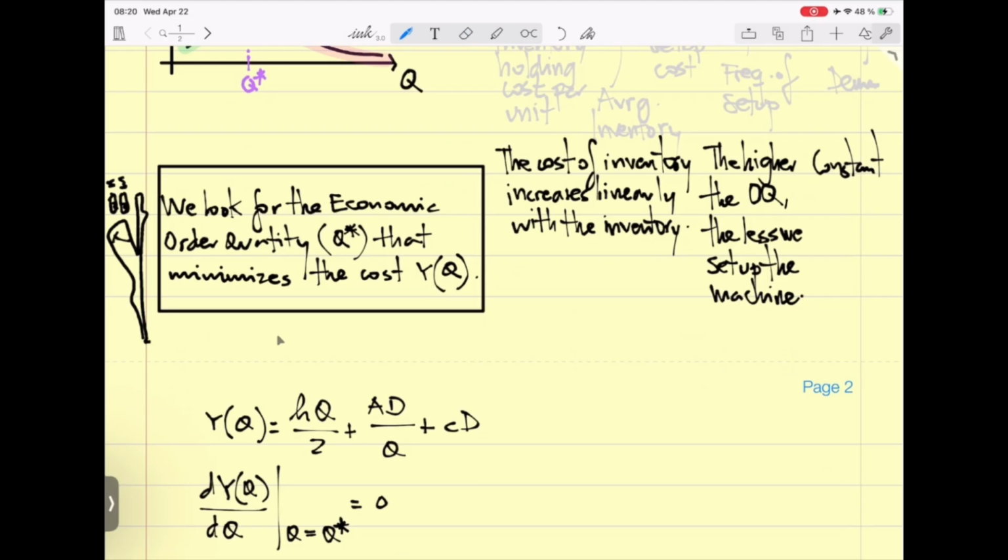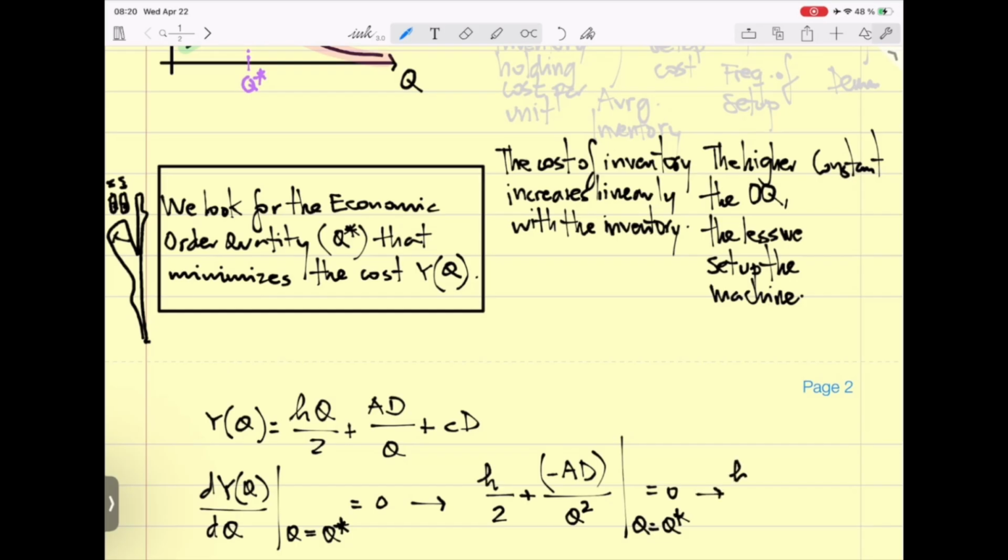The first derivative is h divided by 2 minus ad divided by q square, at q equal q star, equals 0.